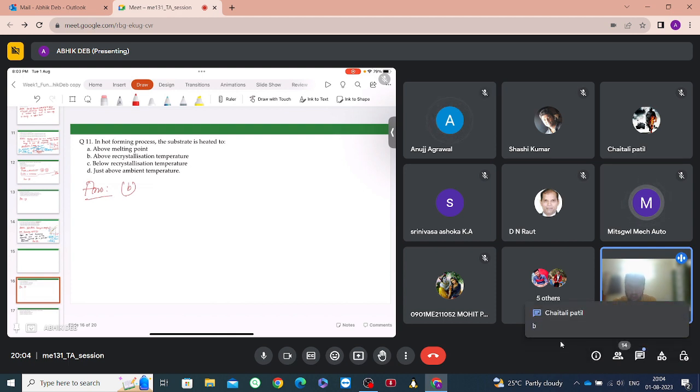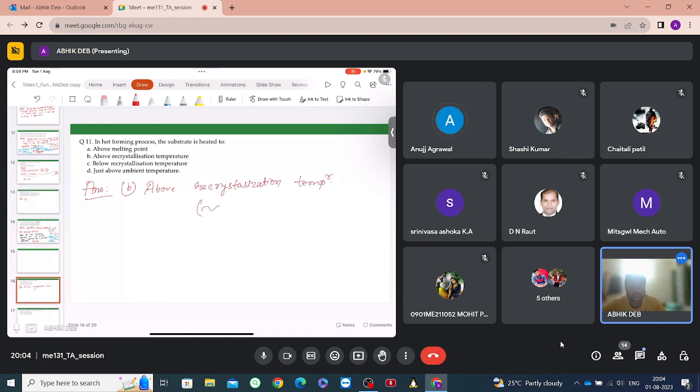And above the recrystallization temperature, what is the range with respect to the melting temperature? What fraction of the melting temperature is usually the recrystallization temperature? Above the recrystallization temperature means we can deform it by hammering.